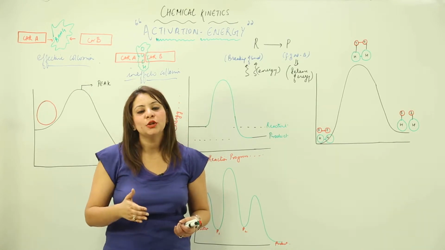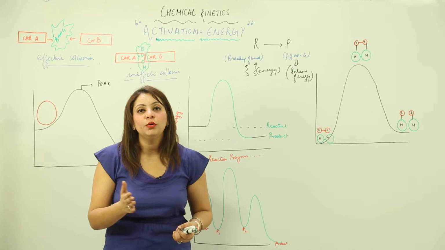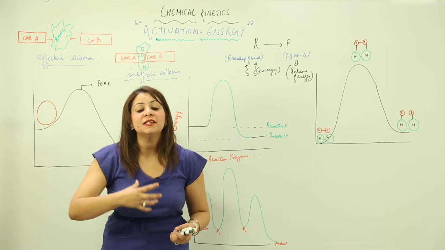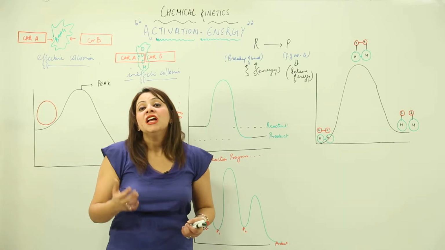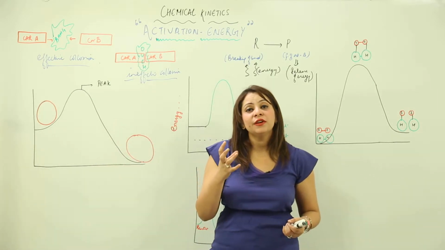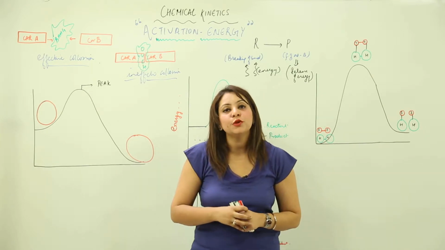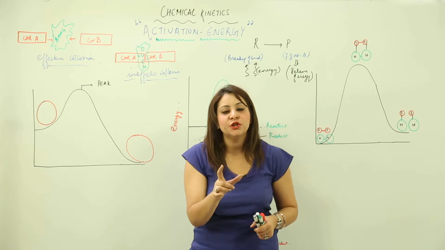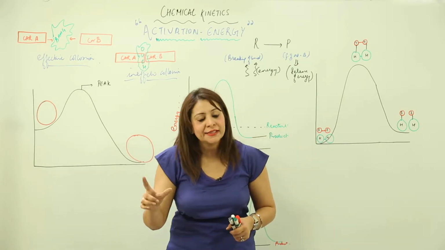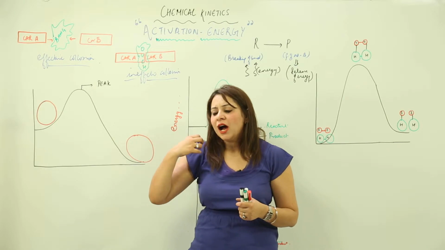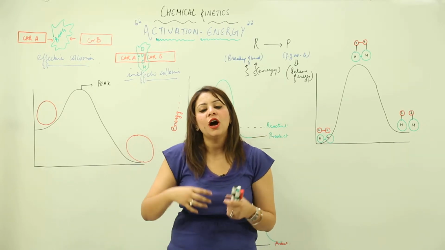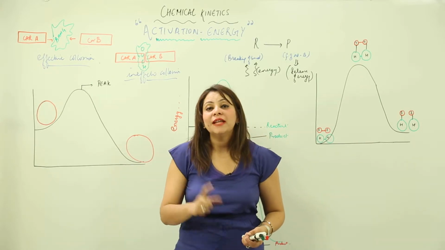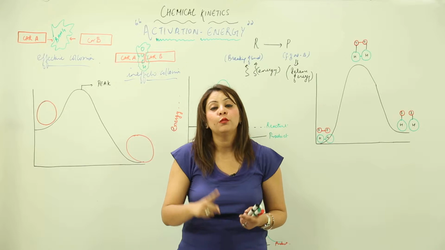So it is actually that, as I told you, not every collision is going to be effective. So that means for the collision to be effective, there is a condition required, right? And that condition is that if we want reactants to collide with each other, they should possess minimum energy, and if they possess that much energy, then only the collision is going to be effective. Otherwise, however long they collide with each other, or however many times they collide with each other, it will not result in a chemical reaction. So that means for the collision to be effective, what is necessary?